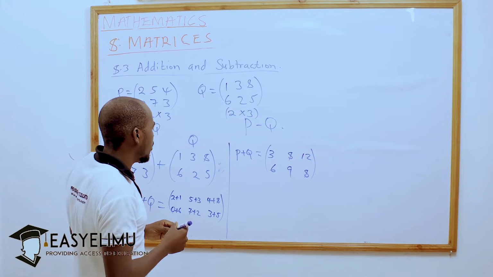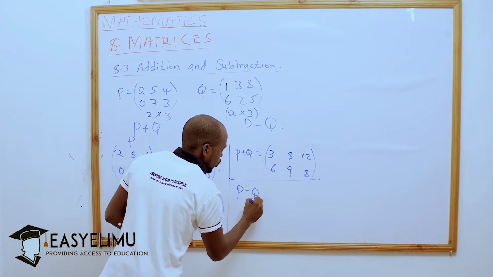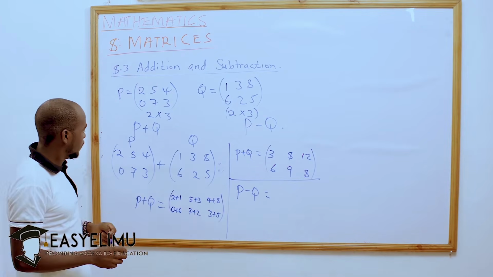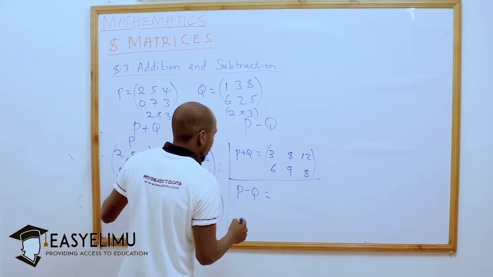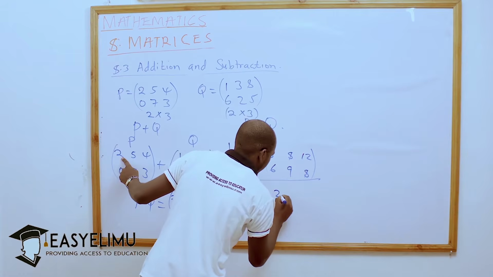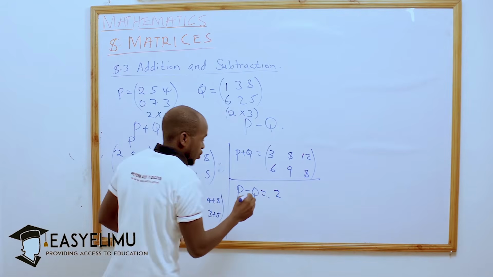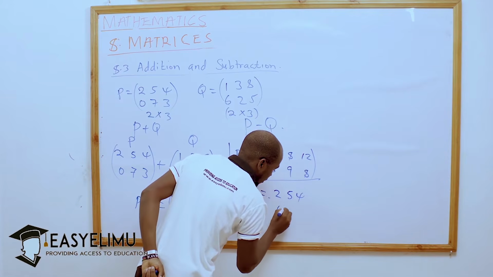Let's see, what if you subtract? What if you take P minus Q? What do you get? You will write whatever you have in here. That is the matrix P, which is 2, 5, 4, 0, 7, 3.